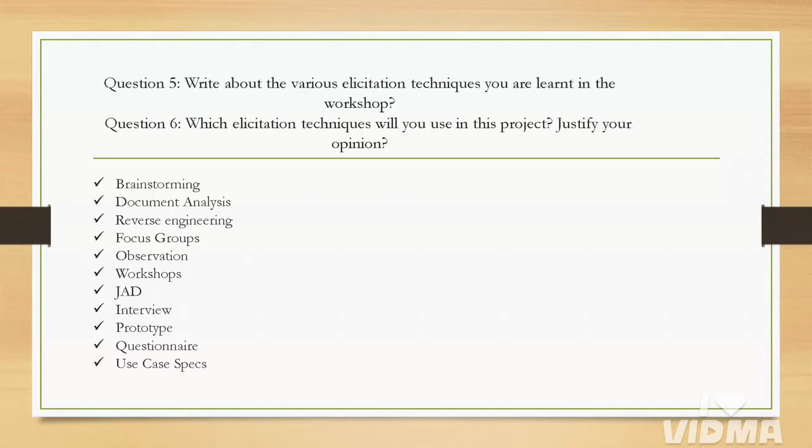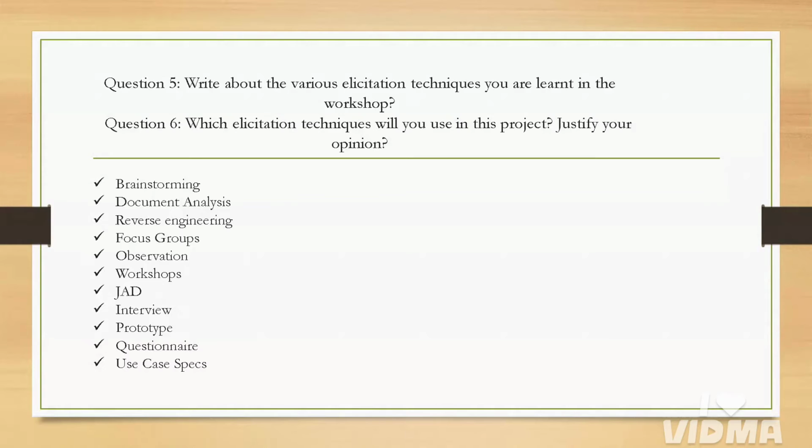And coming to the sixth question, which elicitation techniques will you use in this project? Just your opinion. Among these 11 elicitation techniques, which will you prefer? What elicitation techniques do you think are useful in this project?